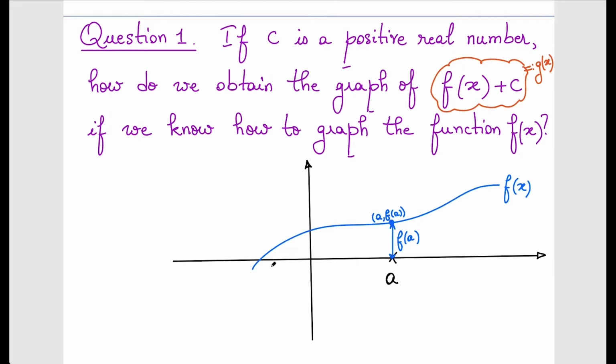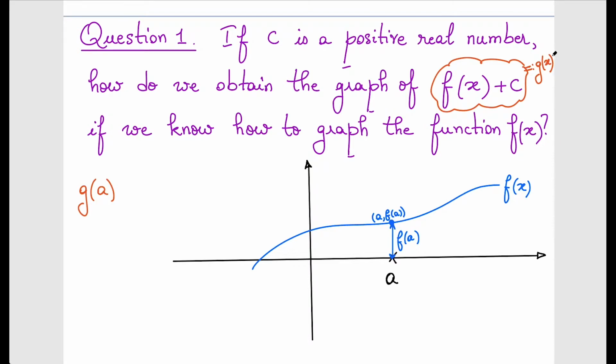Any point on the graph of the function f has the coordinates something from the domain comma f of that thing. Okay. Now for g, what's g of a? Well, according to the recipe of g, g of anything is f of the thing plus c, correct?